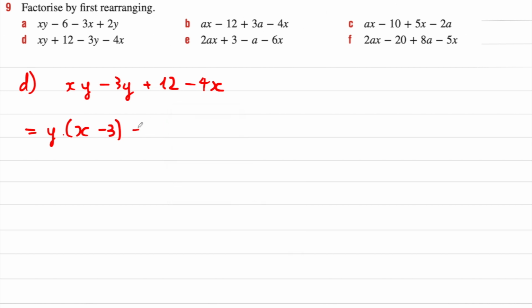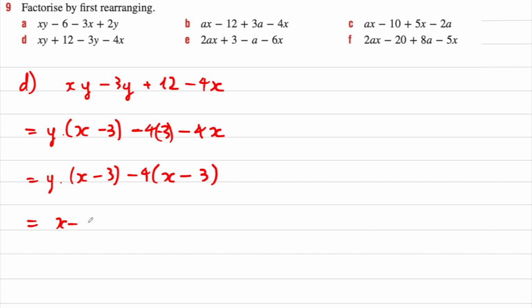Minus 4 plus 12 equals minus 4 times minus 3. I will take minus 4 outside. Minus 4 will be outside with this one. You will get x minus 3.